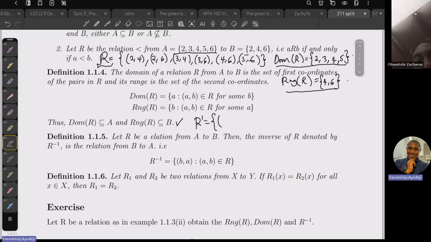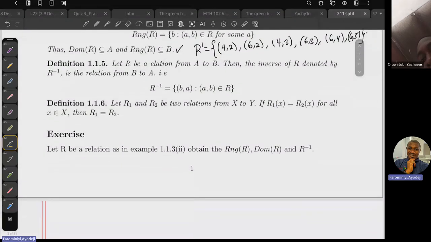Yeah, okay. It'll be 4, 2; 6, 2; 4, 3; 6, 3; 6, 4; and 6, 5. This is the inverse of that.